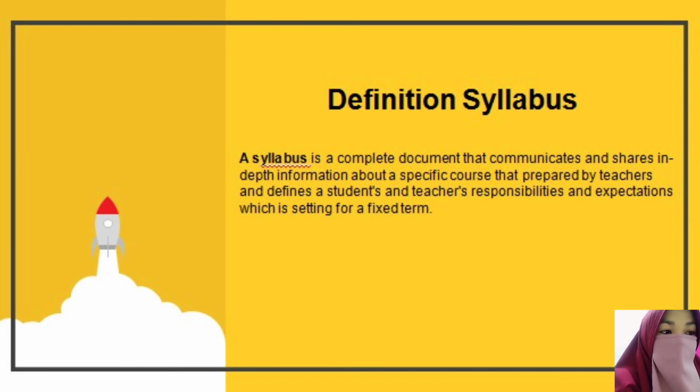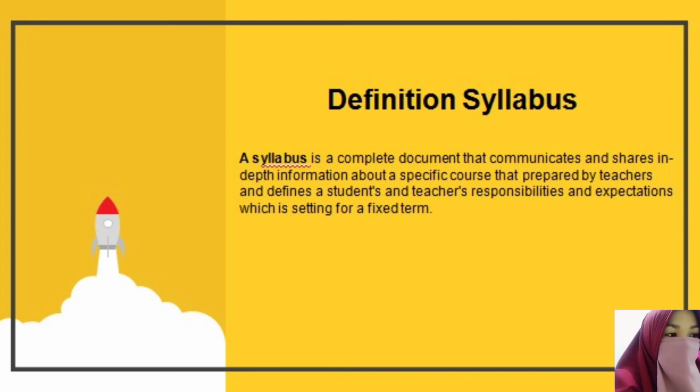According to the definition, we can get 3 points. First, a syllabus is a contract between teachers and their students that is designed to answer the students' questions about a course, as well as to inform them about the course expectations. Second, a syllabus ensures a fair and impartial understanding between the instructor and the students.